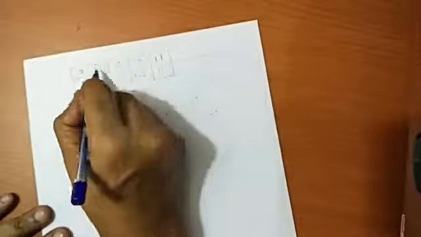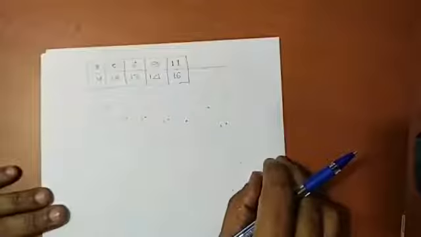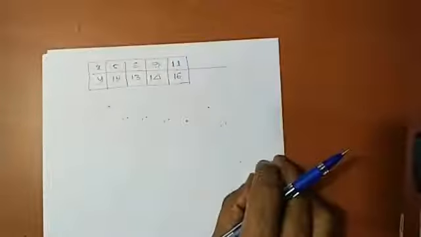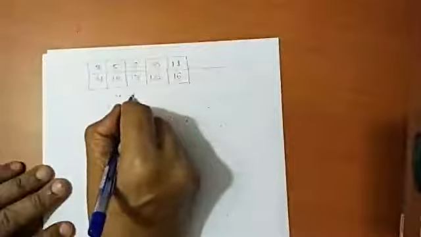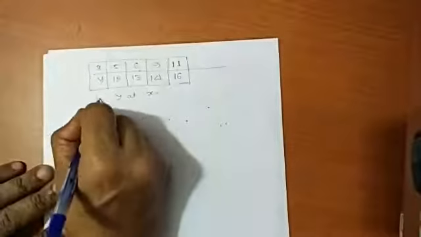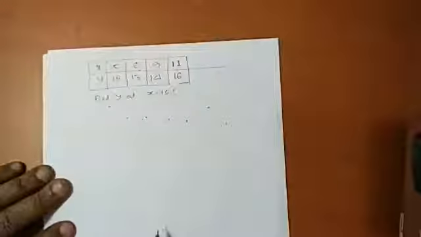So here 4 values of x are given. That means I can have a cubic equation, right? Now you are asked to find y at x = 10. That is the question, right?